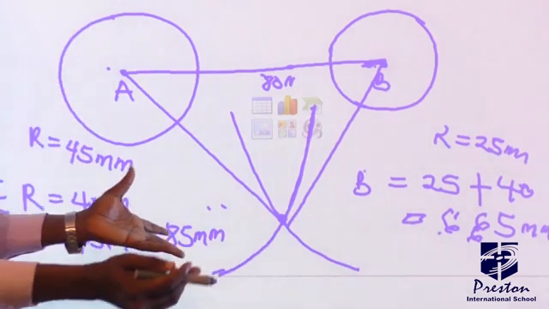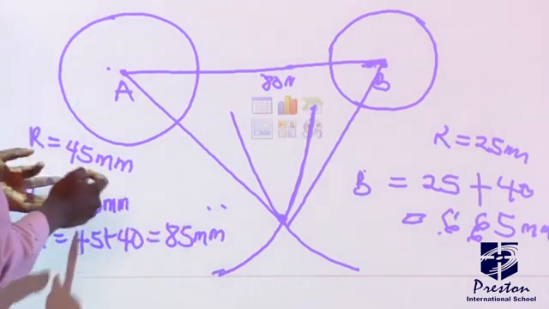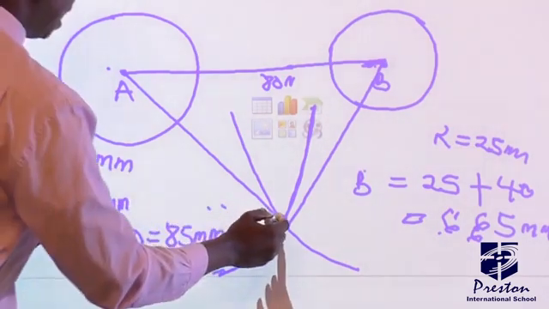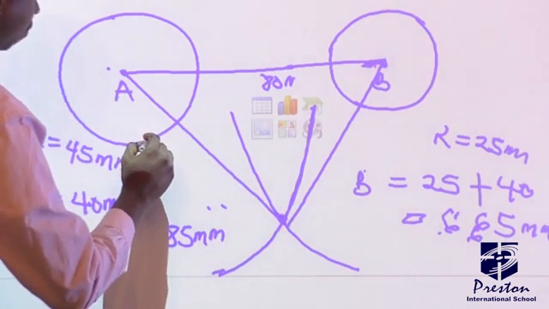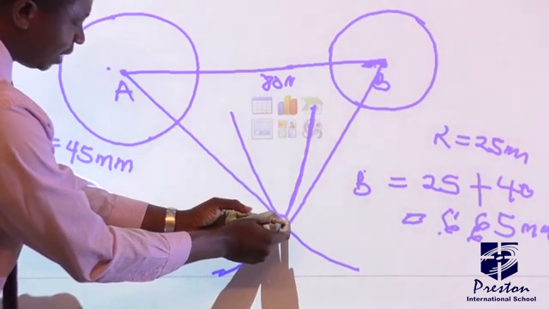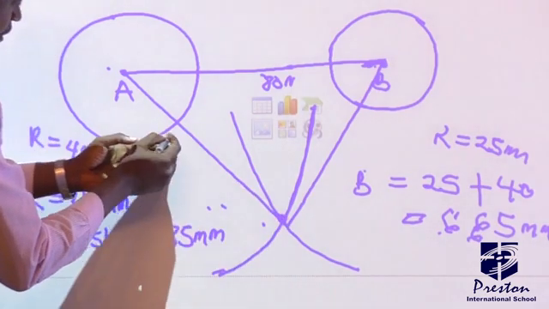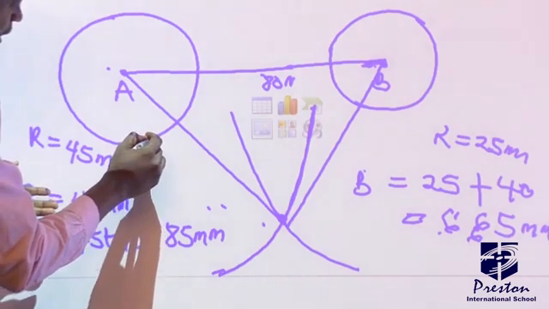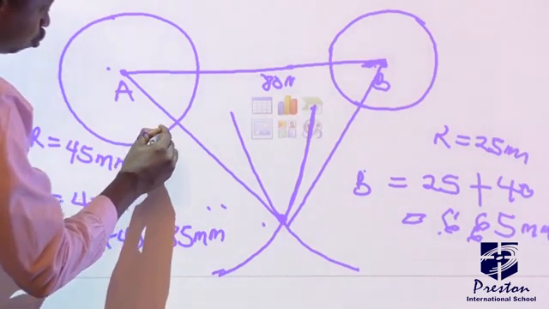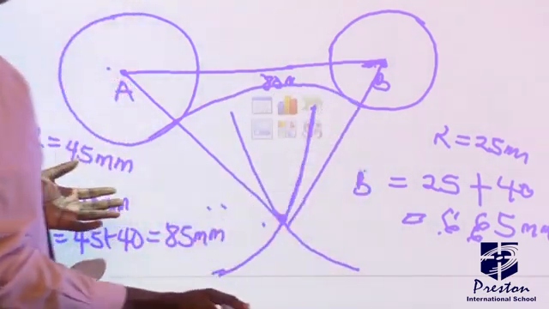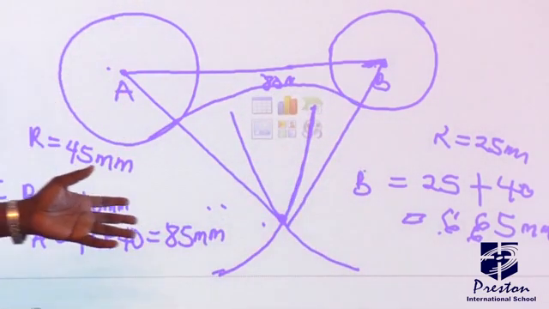Then extend your compass to the radius that has been given to you, which is 40 mm, and put the compass needle at the point of intersection and draw the arc with the pencil end. Then proceed to draw the internal arc that will touch both the circles.